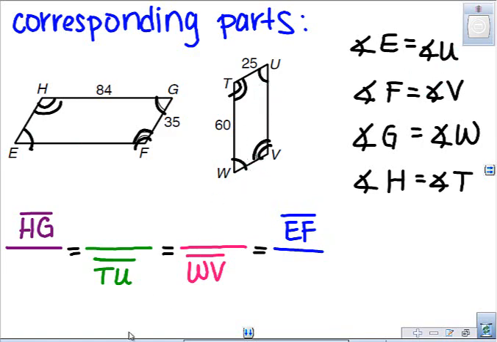Now when we go to find our corresponding side lengths, okay, we start with HG.